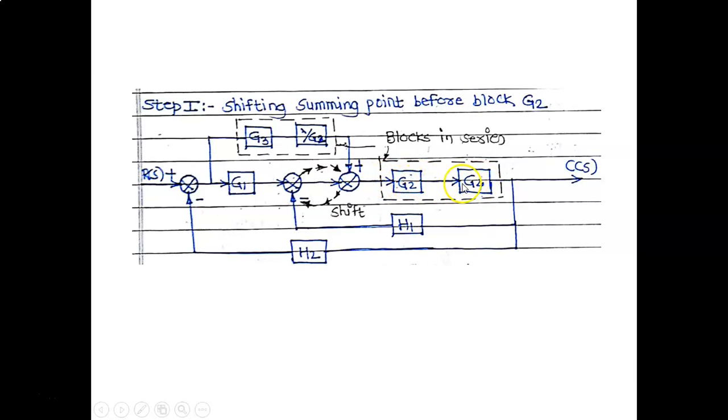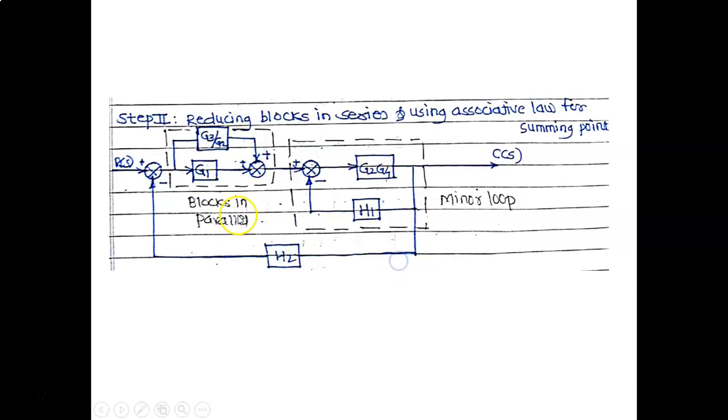Therefore here the G2 G4 block will be there, and here the G3 upon G2 block will be there, and these two summing points will shift by using the associative law. Therefore G3 upon G2, then we have shifted that summing point, then this G1, then this G2 G4 H1.